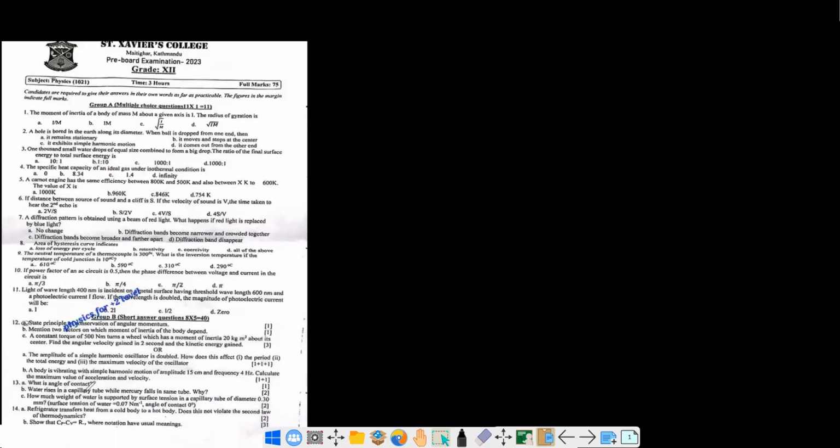So water rises in a capillary tube while mercury falls in the same tube. Okay, so हामीलाई यो relation थाहा हुनुपर्छ कि height is inversely proportional to cos theta. यो एउटा रिलेसन छ हामीसँग है. सो यो रिलेसनबाट हामीले के पत्ता लगाउन सक्छौं भने यदि cos theta को भ्यालु or theta को भ्यालु less than 90 degree छ भने it rises because there is a relation.